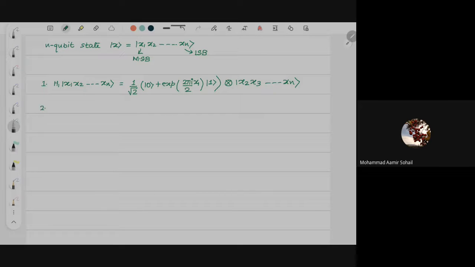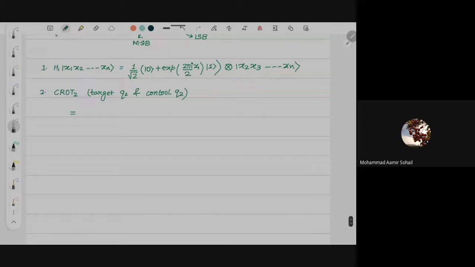Then in the second step, we go to the second qubit, qubit 2. We have this U rotation, a control rotation operator, where the target is Q1, qubit 1, and the control is Q2, qubit 2.